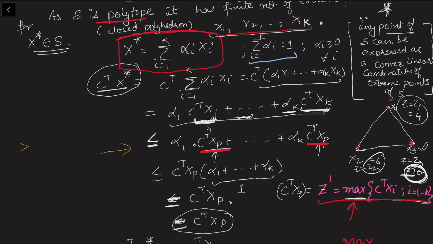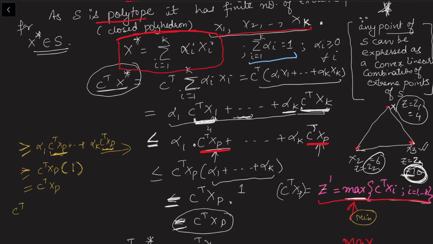In that case, the inequality sign will be like this: alpha 1 C transpose XP and so on up till alpha K C transpose XP, assuming that C transpose XP is the minimum value. If it is the minimum value, the left hand side, you are replacing it by the minimum value, so the left hand side will become greater than. And again repeating the same step, we get the sum of scalars equal to 1, and this value is simply C transpose XP.